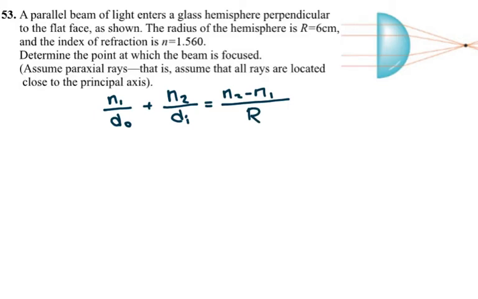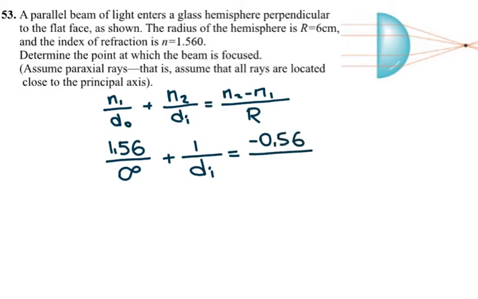Because the rays are coming from the glass into the air, our N1 is 1.56, and the distance to the object is infinity, so this part of the equation turns into 0, plus N2, which is air, so 1 over d_i, and that is equal to N2 minus N1, so that is negative 0.56, divided by the radius of curvature, which is given to be 6 centimeters, but it is a divergent surface because of this part, so that is negative 6.